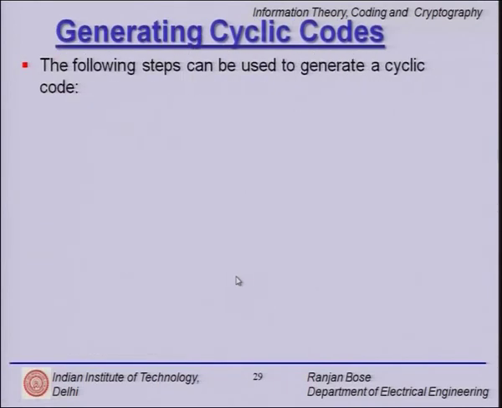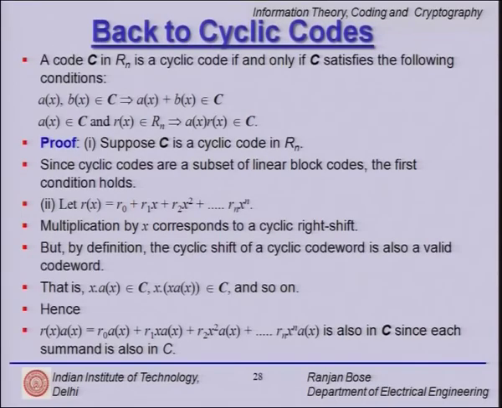So, now we have a very simple way to generate cyclic codes, because in the previous slide we observed that the product of some valid code word with any arbitrary polynomial is a valid code word. So, can we have a notion of a generator polynomial, which when multiplied with an information polynomial gives a valid polynomial?